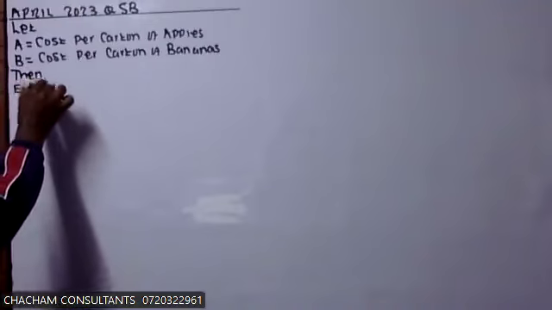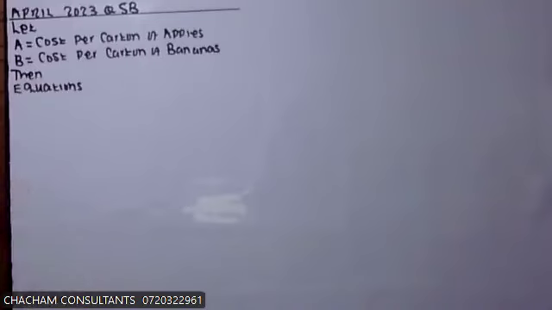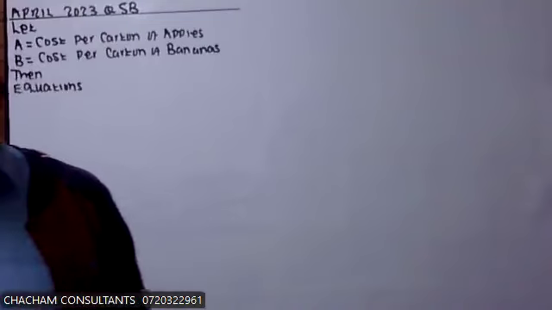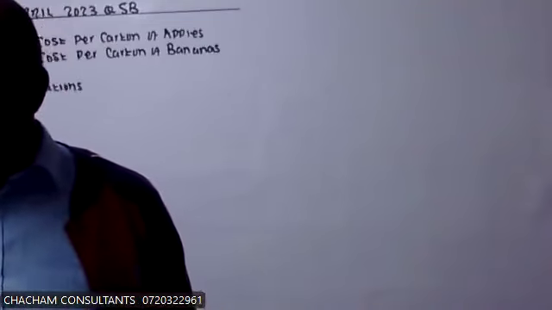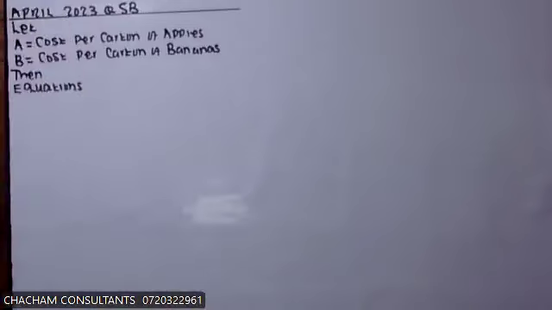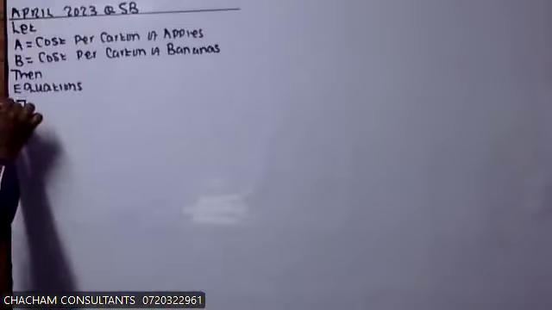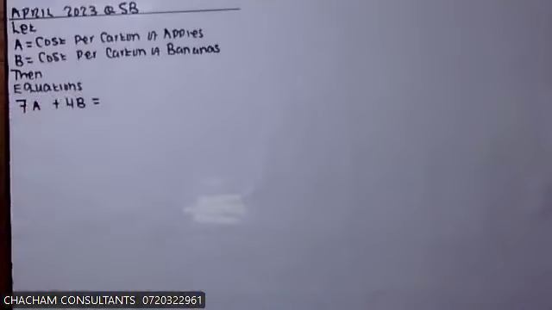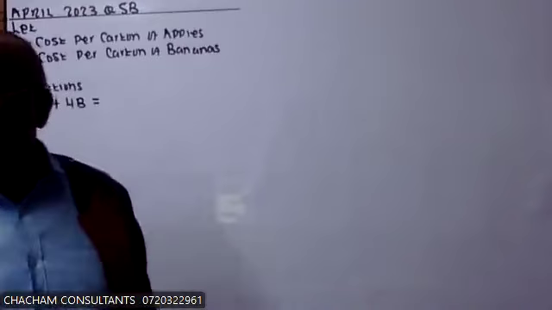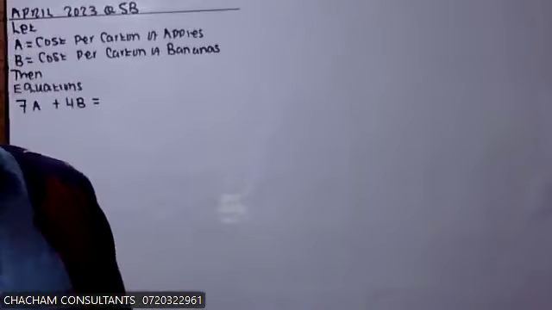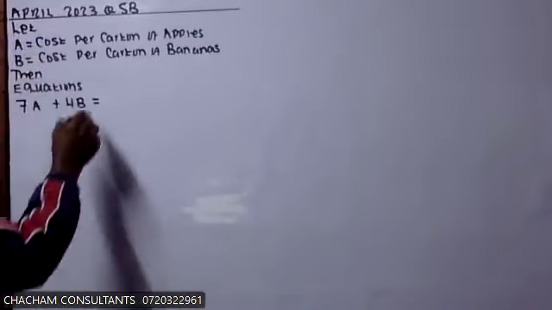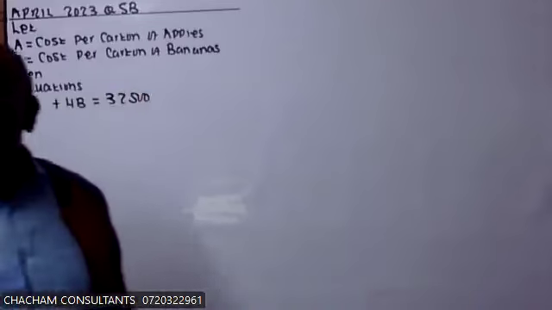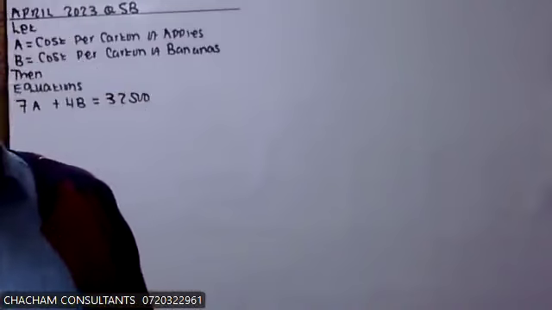You create equations. So creating equations, we are told a trader purchased 7 cartons of apples and 4 of bananas. So 7A plus 4B. And when he did so, he paid an amount of that 2,500. That is in the month of January.